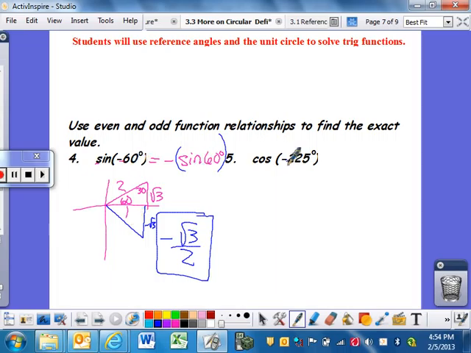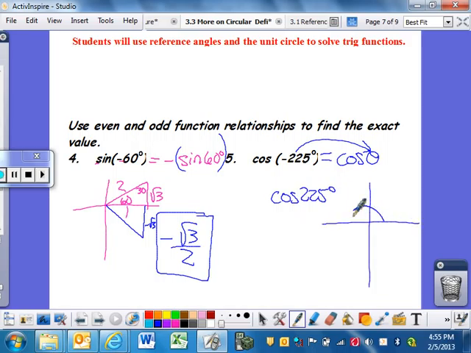Whereas cosine of negative 225 degrees, if you see cosine negative theta, that's the same thing as saying cosine of that same theta. So what is the cosine of a positive 225? 225 puts us 90, 180, 45 degrees past 180.